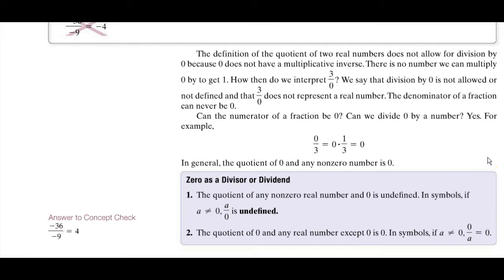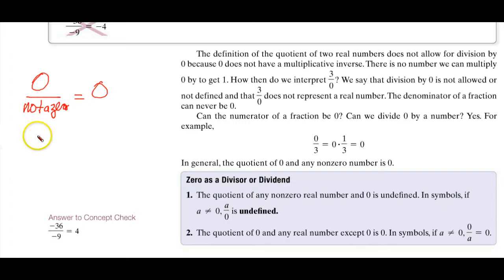And we'll just repeat that. So anytime you divide 0 by a number that's not a 0, the answer is 0.